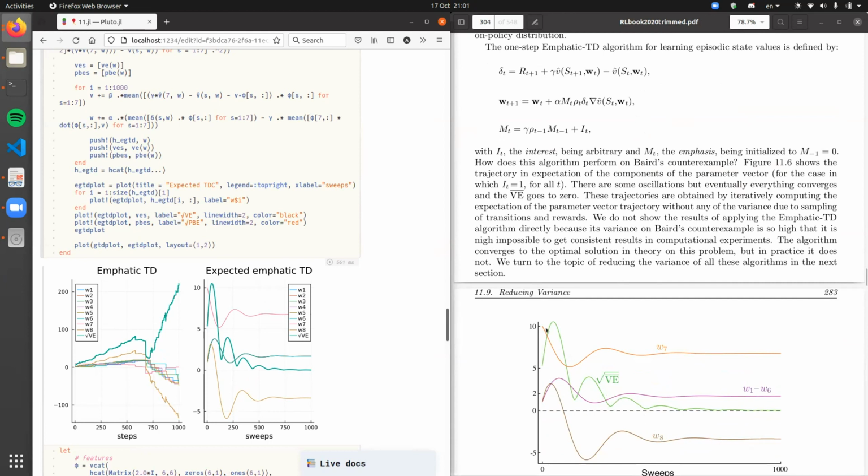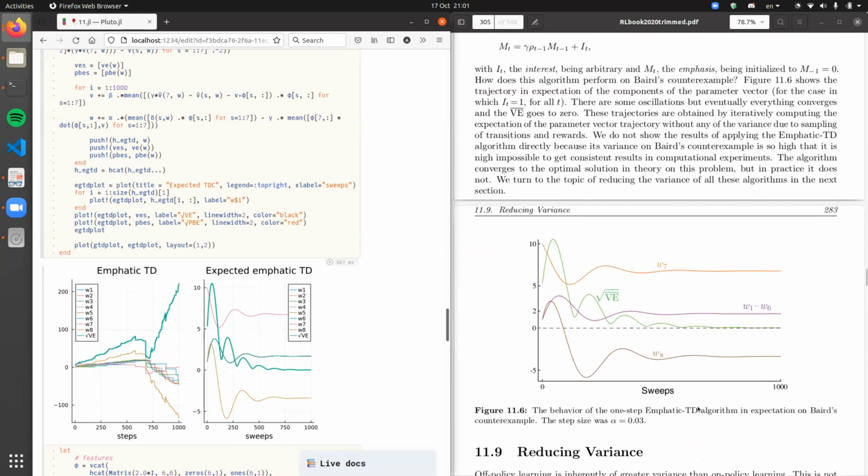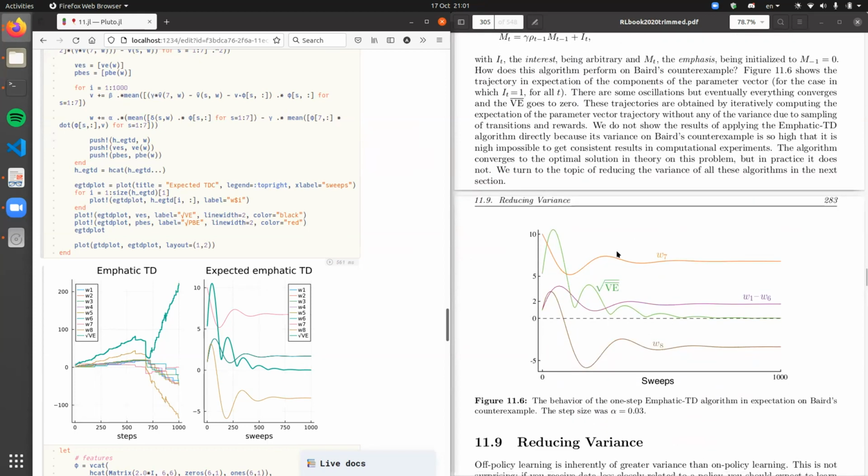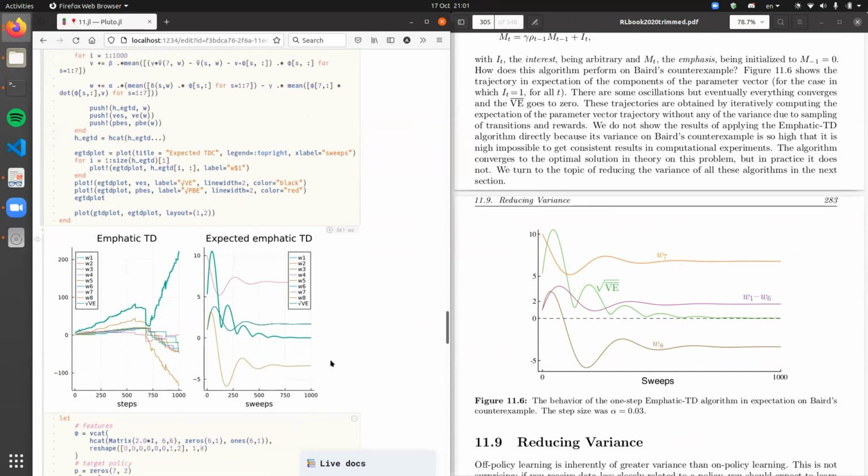And you can see that in expectation, the value error fluctuates, but eventually is driven towards zero. So that is great. Our true value error is driven towards zero. So we are learning the weights that actually are optimal for that problem.